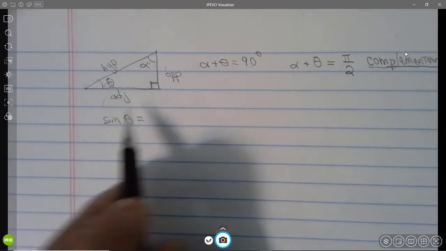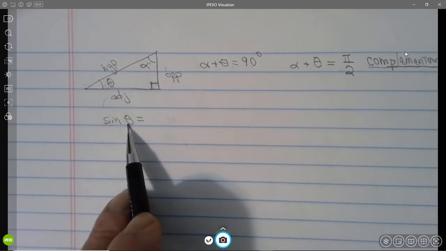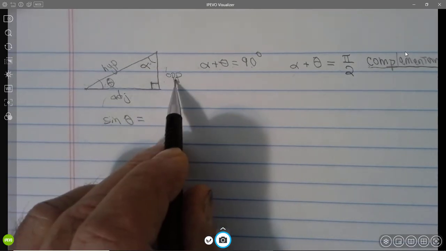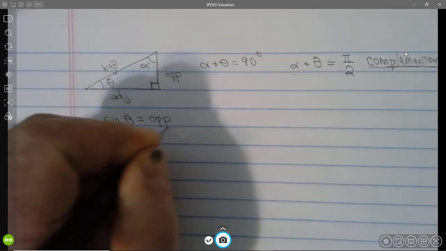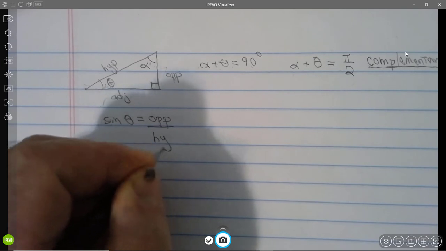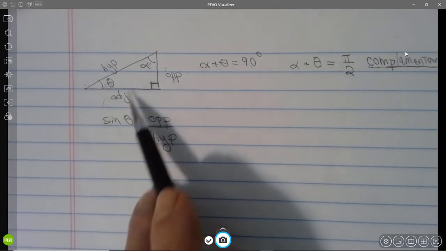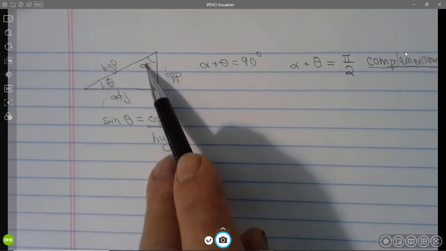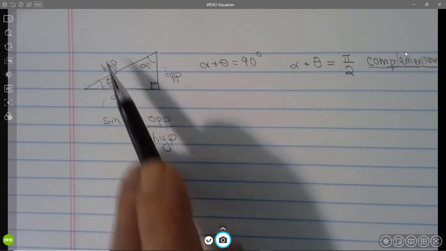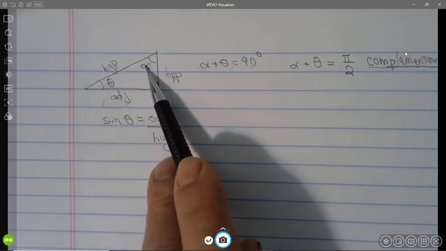And relative to theta, this is the opposite side and this is the adjacent side. So if I were to compute the sine of theta, that'd be the opposite over the hypotenuse. Now, if I were to compute the sine of alpha, it'd be this thing marked adjacent. It's not adjacent to alpha, it's adjacent to theta, where you get adjacent over hypotenuse. But what if I took the cosine of alpha?